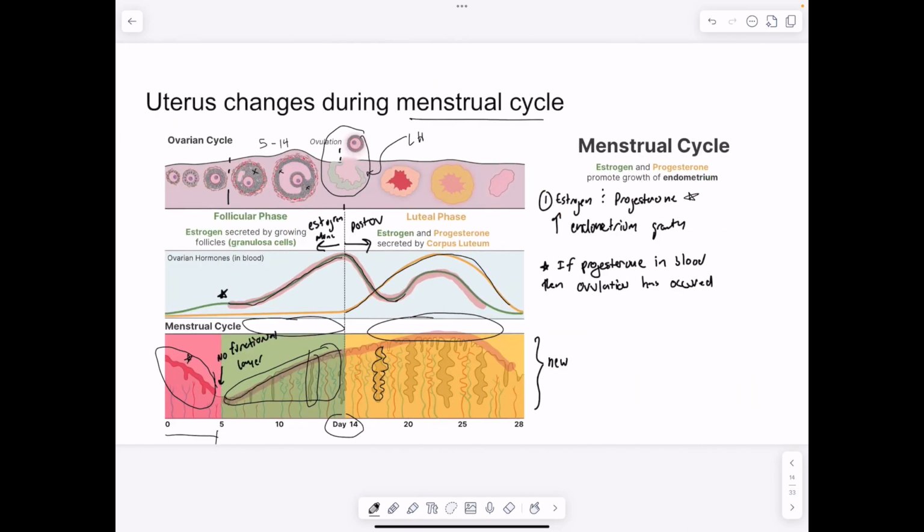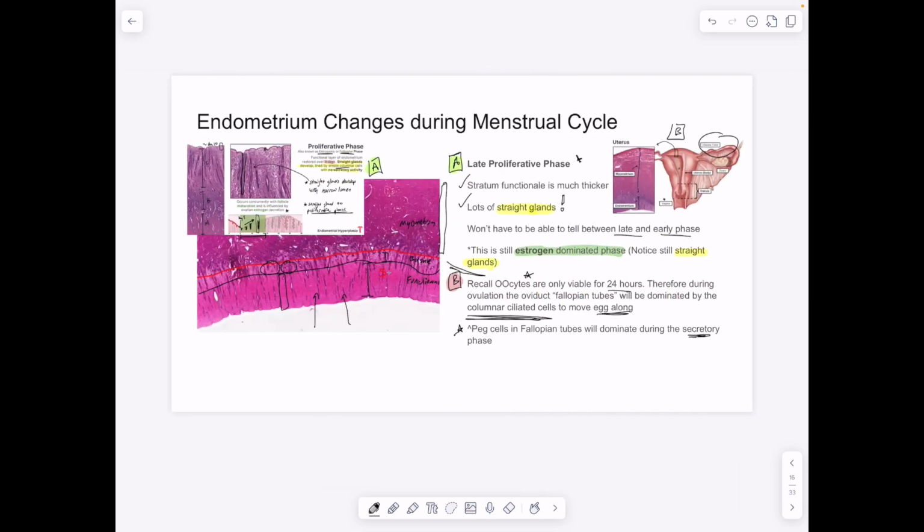So during the secretory phase, they're going to release a lot of nutrients. Those are in the fallopian tubes, but the same logic occurs here, right? When we're in the secretory phase, close to implantation, we want to produce a lot of nutrients for the impending implantation of the gamete. All right, or zygote.